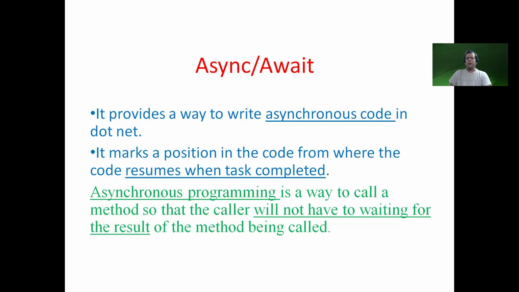And when that execution is completed, then we will get the result from that function. So asynchronous code means you are calling the function and you are not waiting to get the result from that function, and await allows you to wait for the result of that particular function. So let's see further detail.